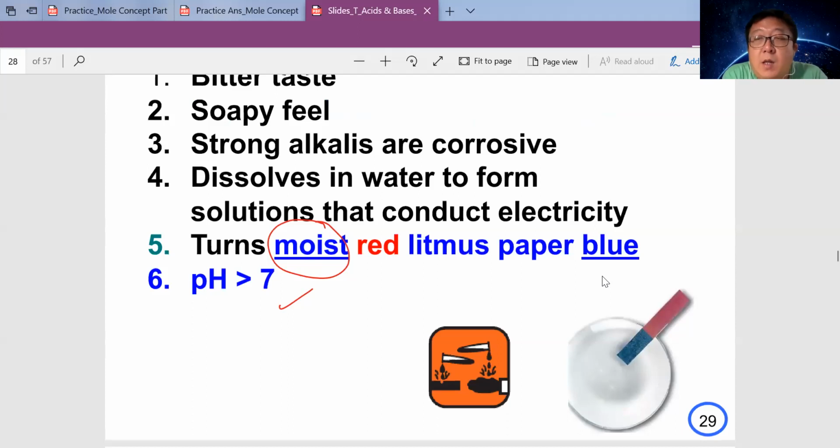Any problem before we round up? Next week we can carry on with the practice question. You can try the practice question first, and after I finish the notes, we go straight into the practice question. Any question? Charmaine, Clarice, Fang Ling, I hope you all learned something new, especially the test for hydrogen gas, what to look out for carbon dioxide, the nature of acid, and so on.